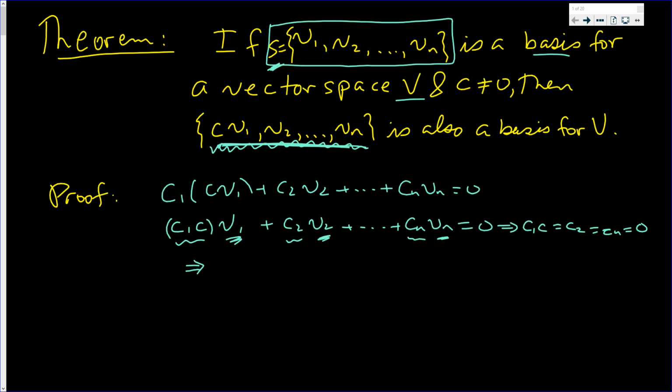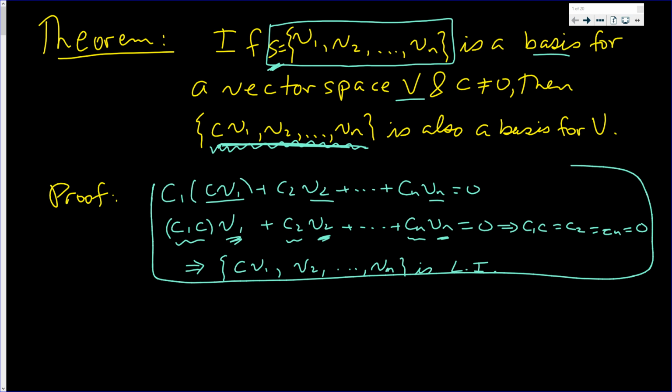That implies that whatever set we started off with, namely the set of these n vectors, that implies that the set of vectors cv1, v2, up to v sub n is linearly independent. So that's half. Now I need to show that it spans.